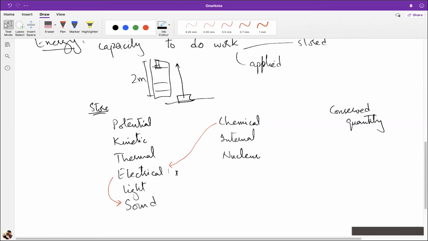So that chemical energy in the battery obviously came from the electrical energy. Interestingly, where did that electrical energy come from? It came from a power plant. Now, it depends what fuel that power plant was running on.